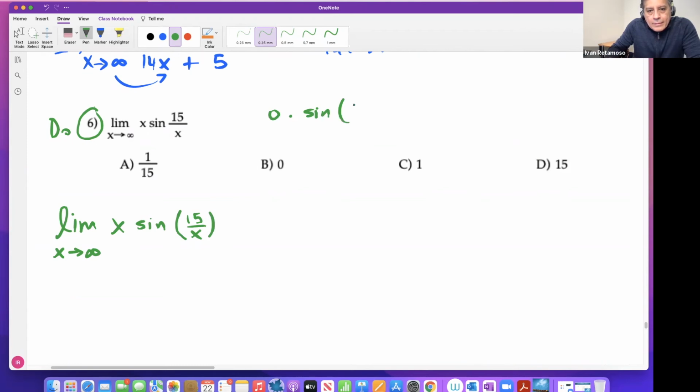Notice that if you try to evaluate at infinity directly here, this is what you will get: infinity into 15 is 0, sine of 0 is 0. You get this indeterminate form, 0 times infinity.